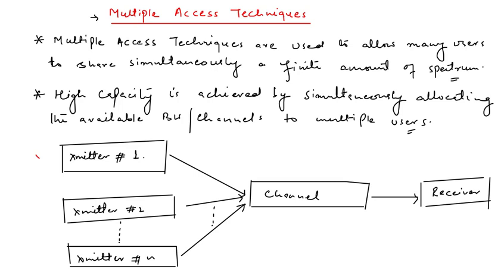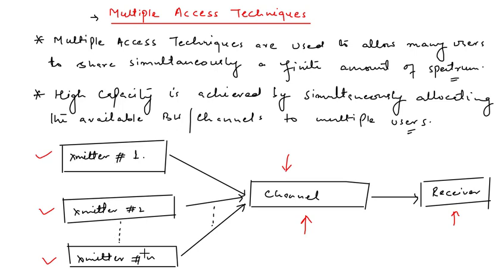Here we have a number of transmitters: transmitter 1, transmitter 2 and transmitter n, and all these transmitters are transmitting some data over the same, single channel to a receiver, and this receiver will receive this data on this single channel. All these transmitters are accessing this communication channel. So it is a case of multiple users accessing our limited bandwidth, that is, this channel.